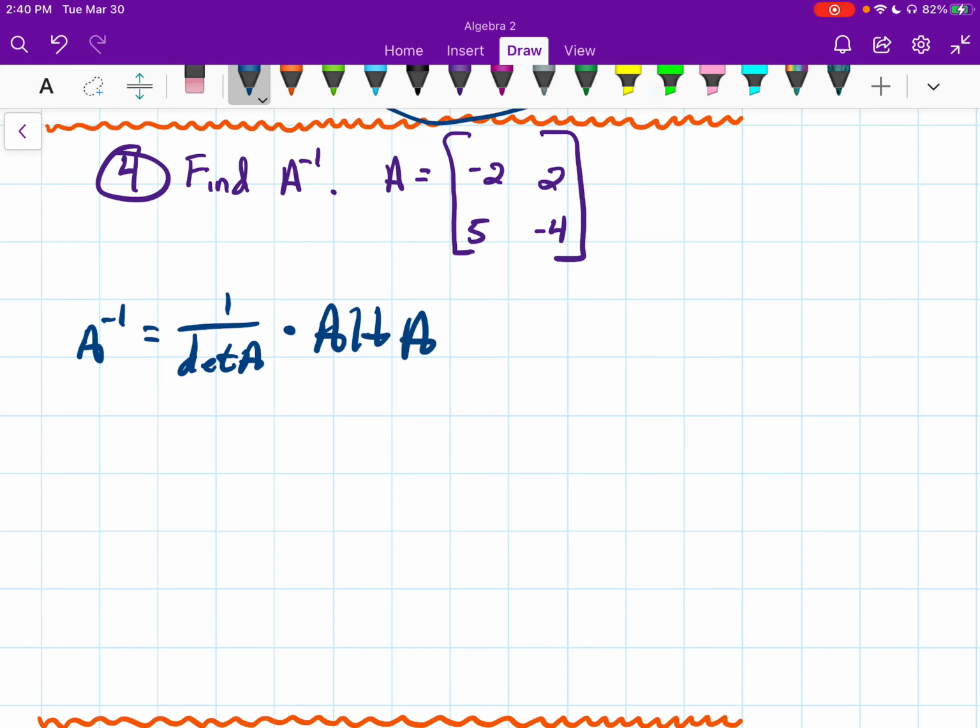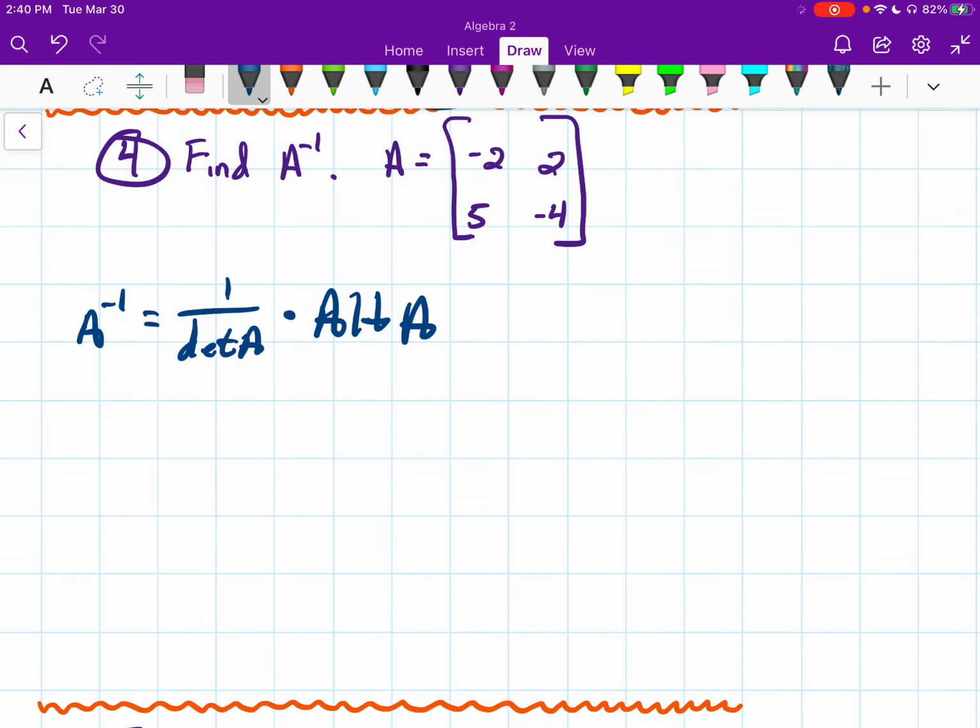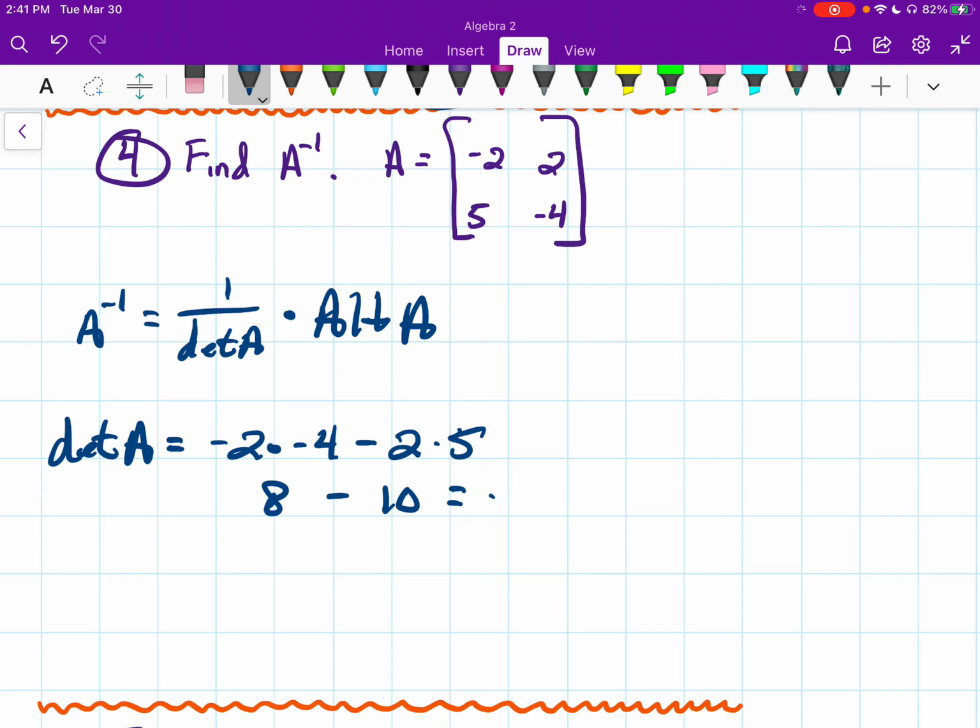So we have 2 pieces that we're going to have to find here at the beginning: the determinant and alt A. I'm going to start off with the determinant. Well, that's AD, so negative 2 times negative 4, minus BC, 2 times 5. So this will be 8 minus, no, that's not right. Yeah, 8 minus 10, there it is, which is going to be negative 2.